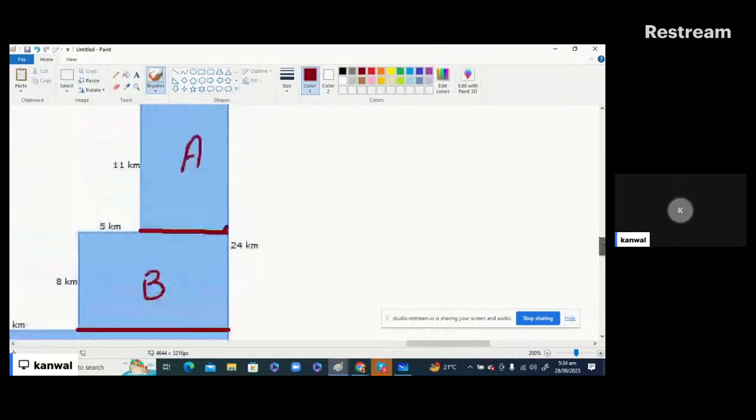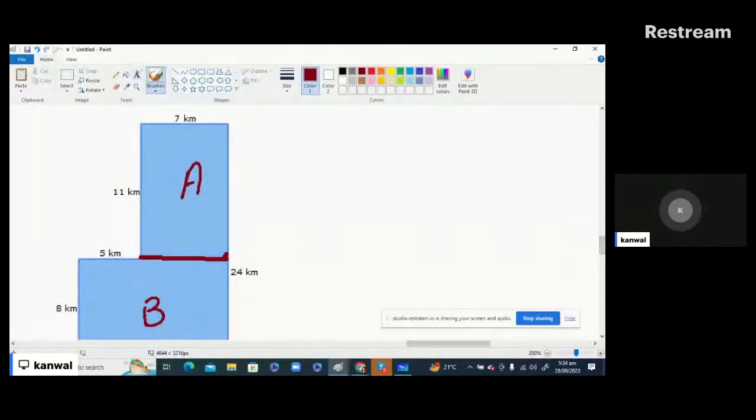Okay, so what's the area of the A? Figure A. So as for figure A, area is 7, its width, look at here, and how much its length, that is 11. So 7 times 11, that is 77.